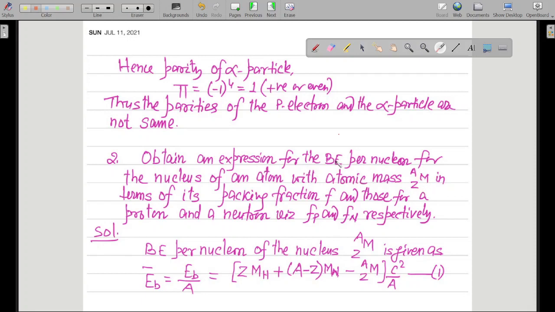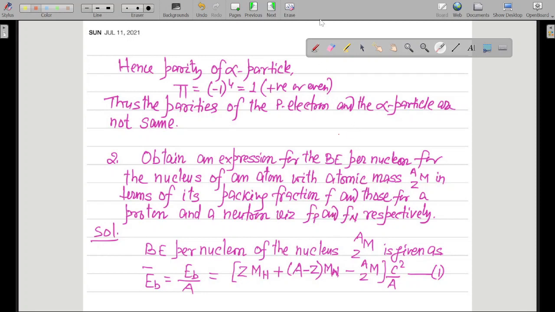So we have to obtain the binding energy per nucleon for the nucleus of an atom with atomic mass m, where Z is its atomic number and A is the atomic mass number, in terms of its packing fraction f. The packing fraction of proton and neutron are also given to us.